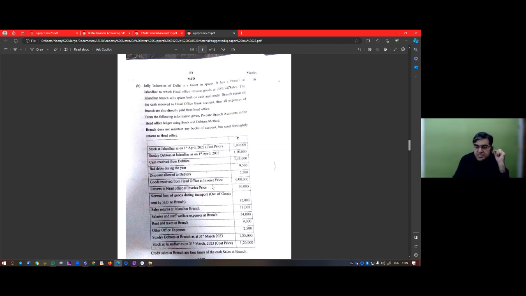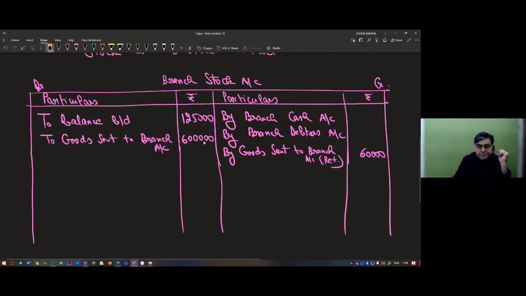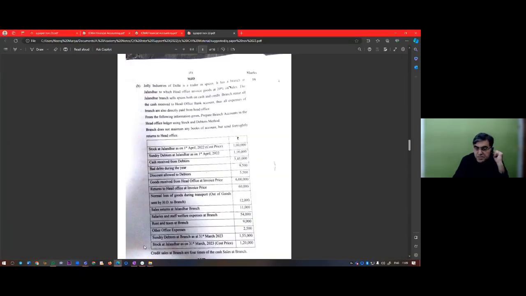Goods received from head office 6 lakhs, so it is 6 lakhs 12,000.